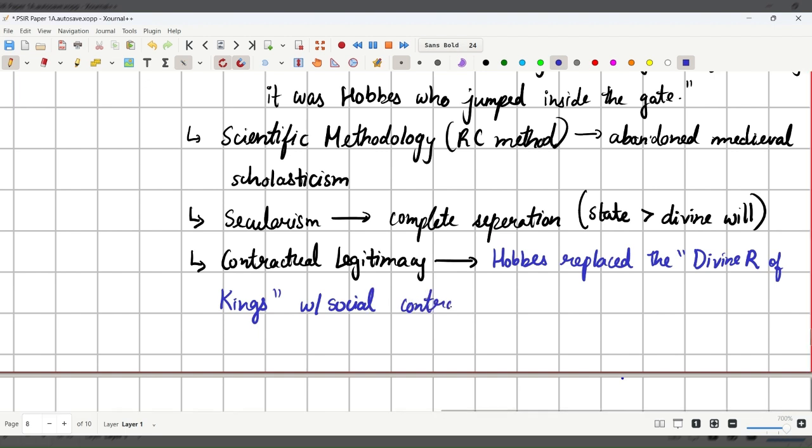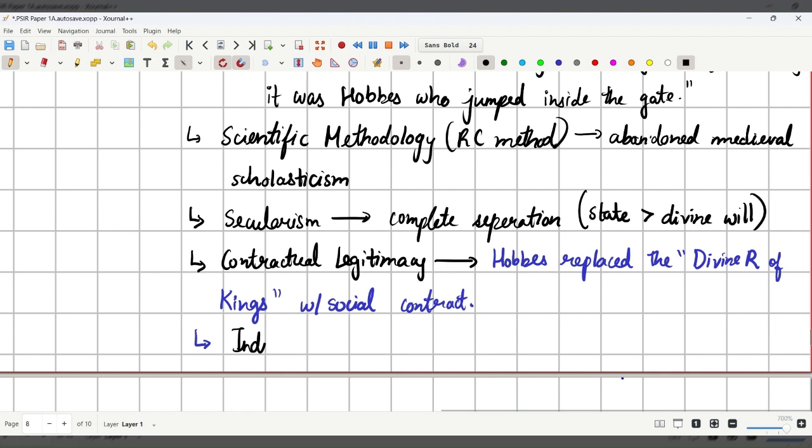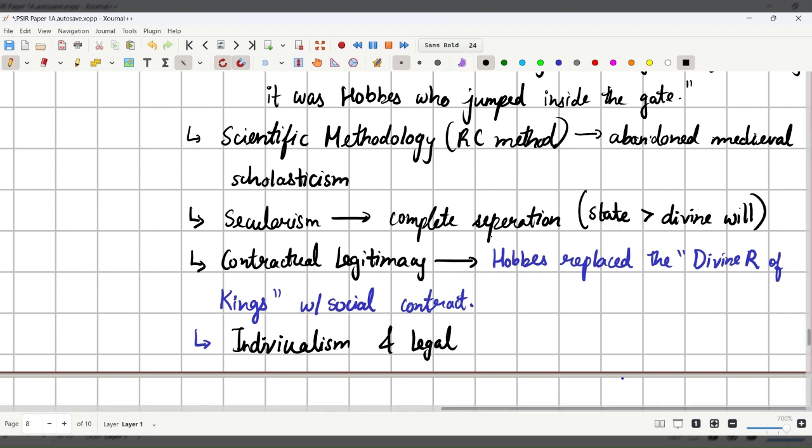So basically, Bodin believed in the divine rights of the kings. Then his methodological individualism and legal positivism.